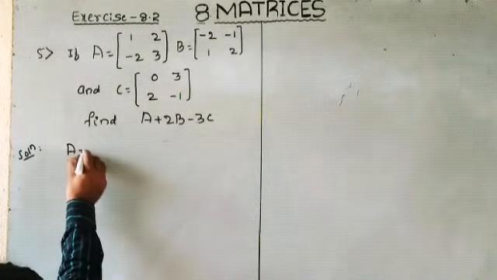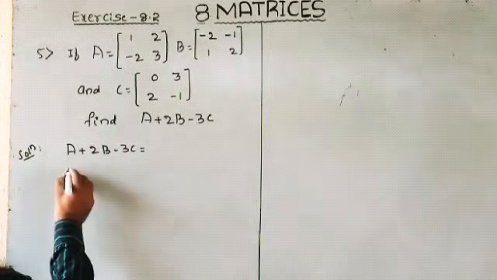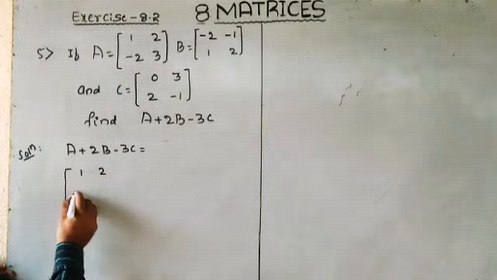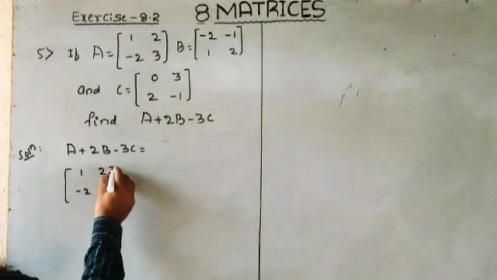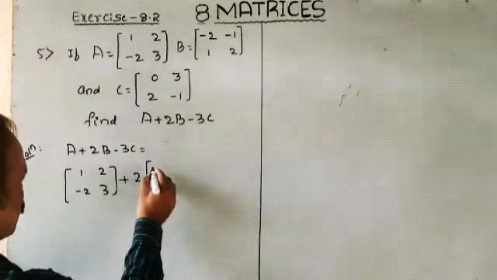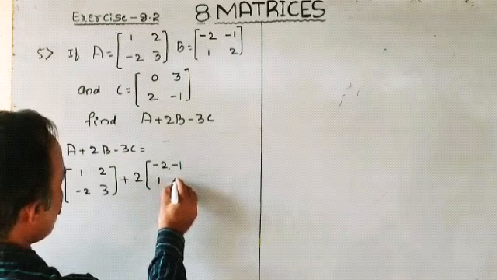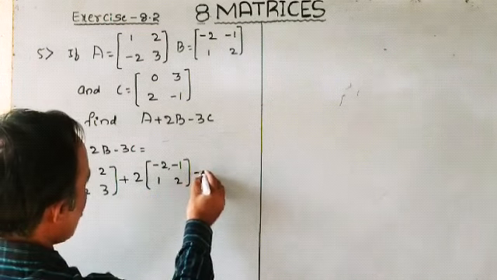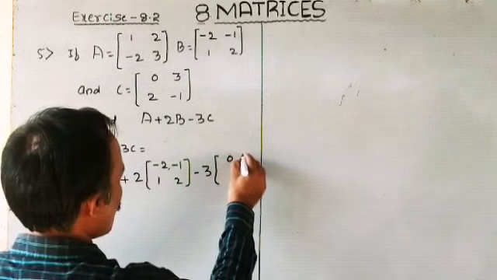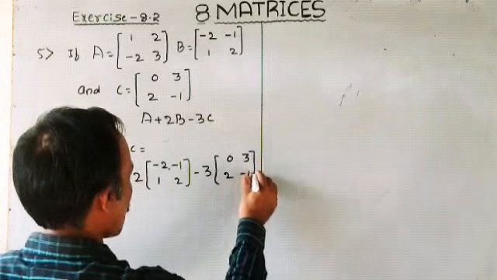A plus 2B minus 3C is equal to A, which is 1, 2, minus 2, 3, plus 2 into B, which is minus 2, minus 1, 1, 2, minus 3 into C, whose value is 0, 3, 2, minus 1.